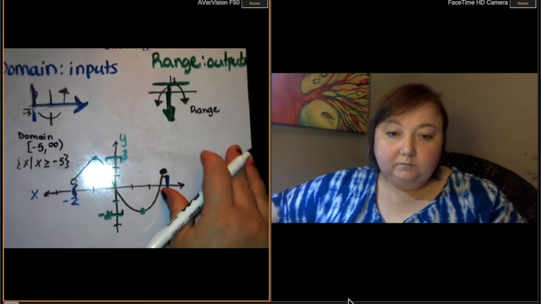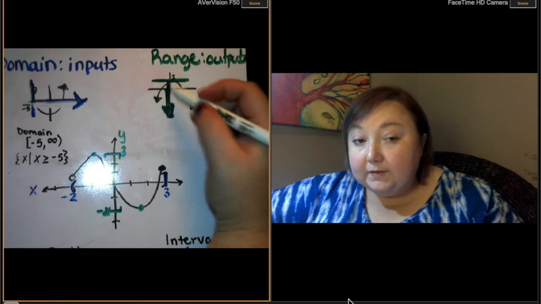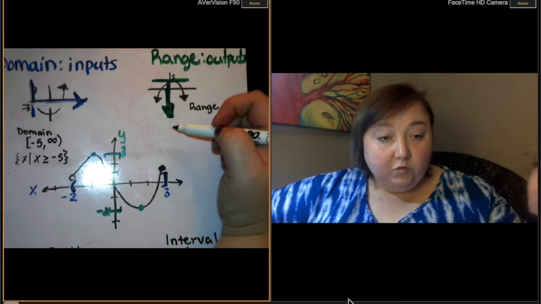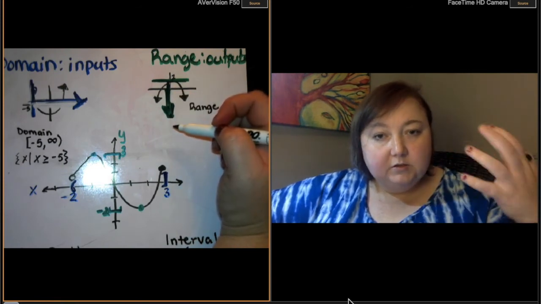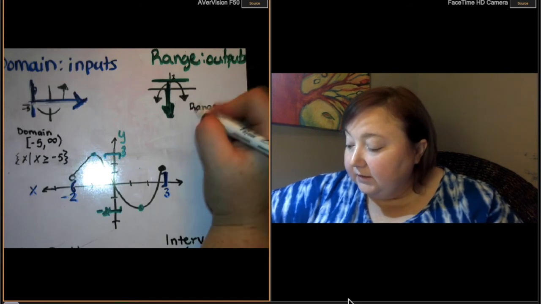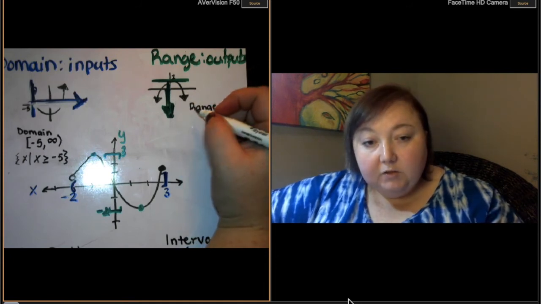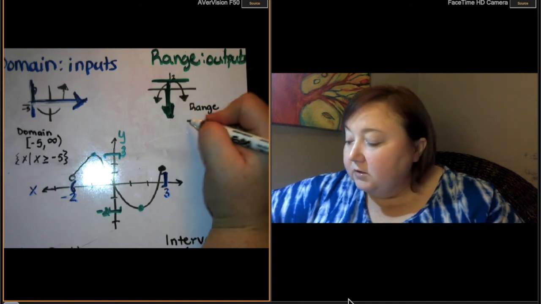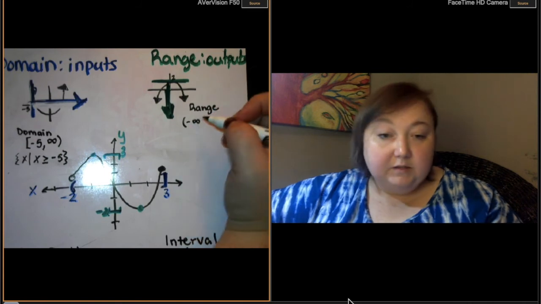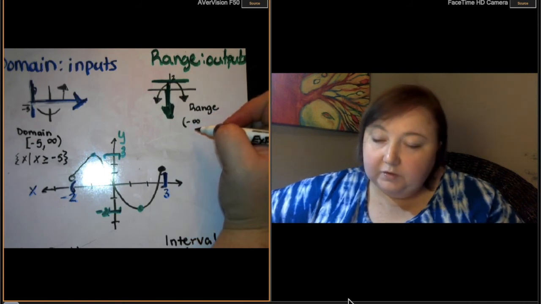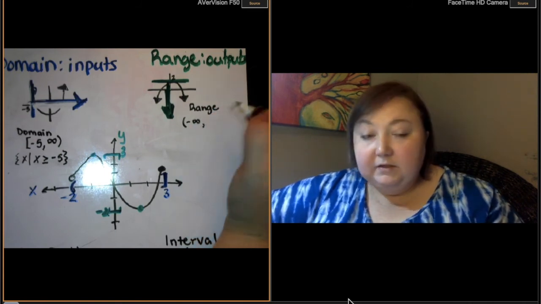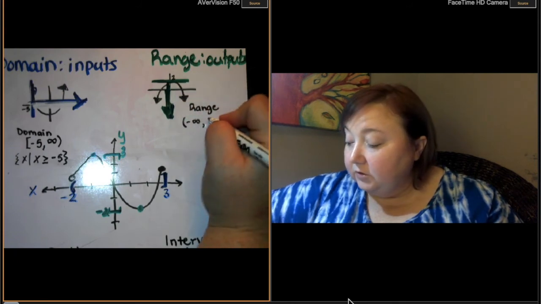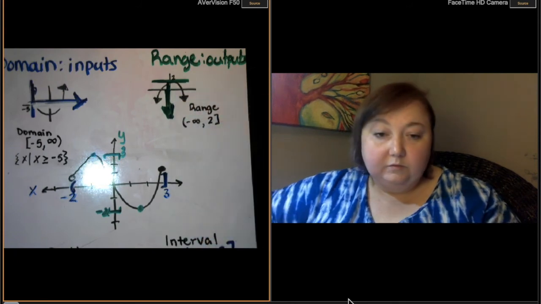With range or domain, you always go from the smallest to the highest. So if we want to write this in interval notation, the lowest that it goes, well, there is no lowest, it goes forever. So it's going to be from negative infinity, and we're going to use again a parenthesis there because you can't include infinity. And then the highest that it goes was 2, and 2 was included, so we'll use a bracket in that case.